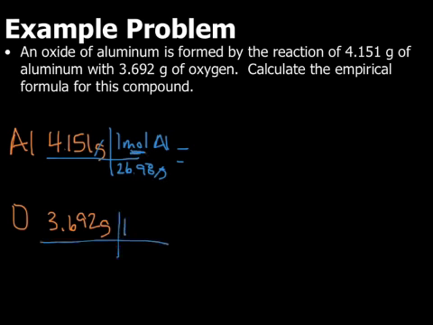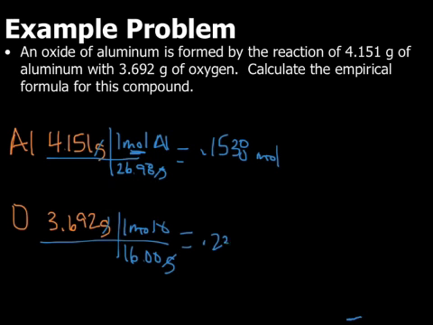And then for oxygen, we have 1 mole of O divided by 16.00 grams. Again, grams cancels out. Okay, so I end up with 0.1538 moles of aluminum and 0.2308 moles of oxygen.